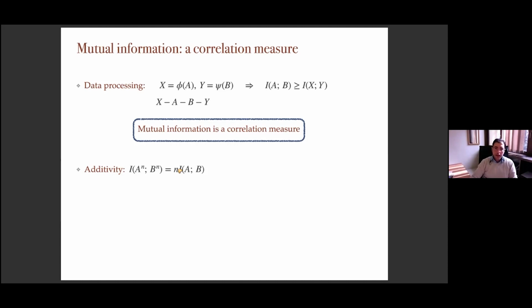The point is that inside the definition of mutual information, I have this log function. When I have IID copies, the joint distribution is a product, and then the logarithm turns the product into a sum. That's why I get n times the mutual information.